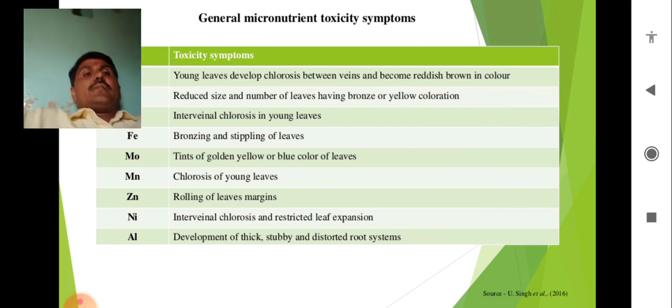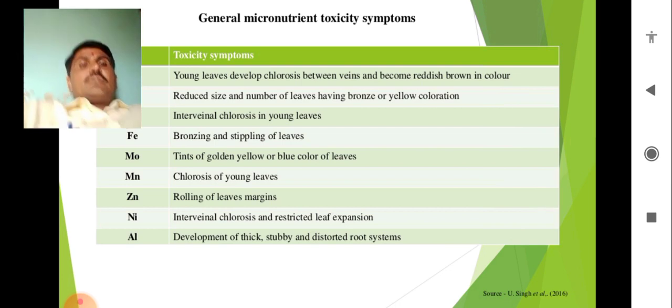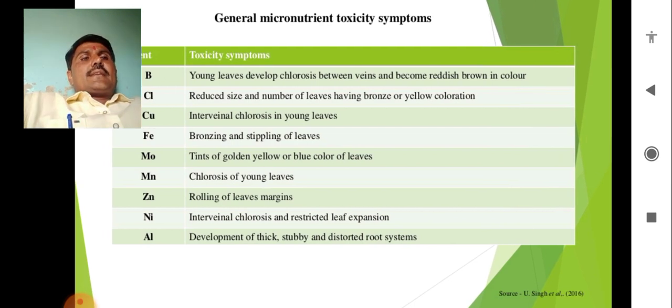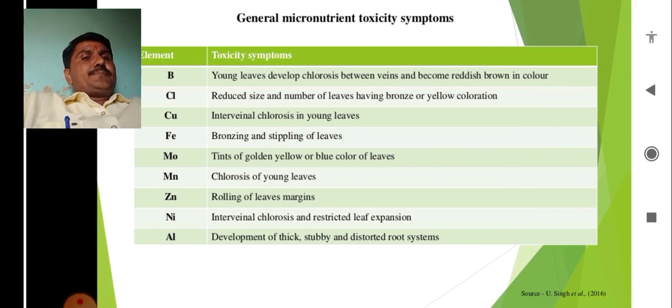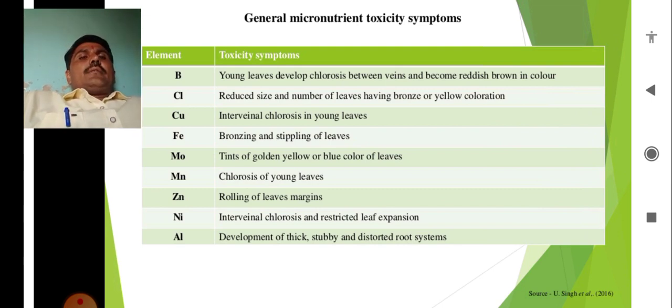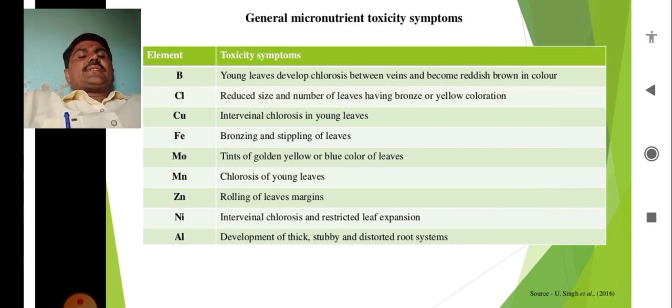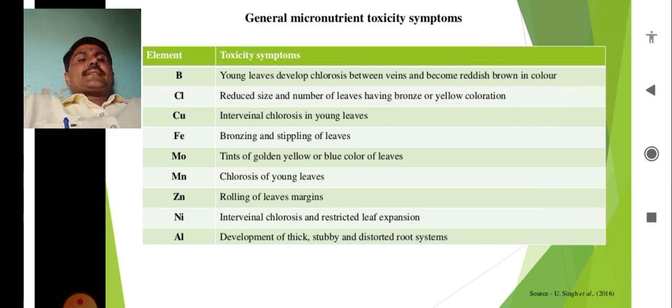General micronutrient toxicity symptoms: young leaves develop chlorosis between veins and become reddish brown in color. Regarding boron, leaves are reduced in size. Regarding chlorine, we see a reduced number of leaves having bronze or yellow coloration.